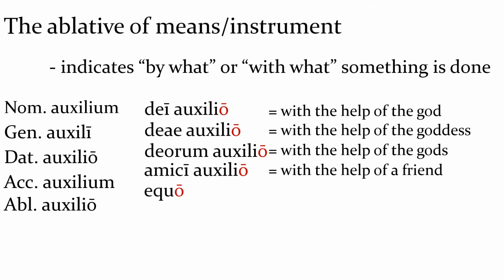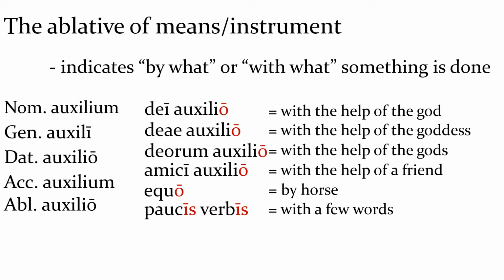We know that equus is the horse, so drop the us, add o, there's the ablative, so equo is by horse, or with a horse. Paucis verbis, well, a verbum is a word, and pauci is few, so paucis verbis is with a few words. Amicitia is friendship. This has a macron over the A, so we know it's ablative. By friendship, okay, or with friendship.